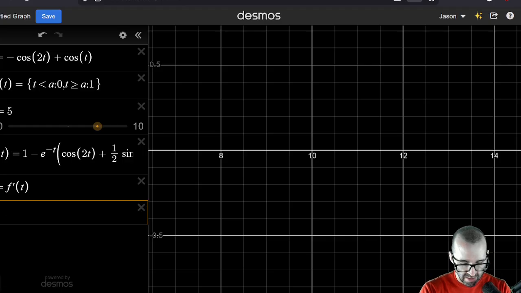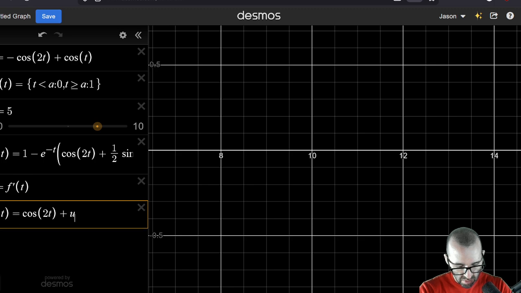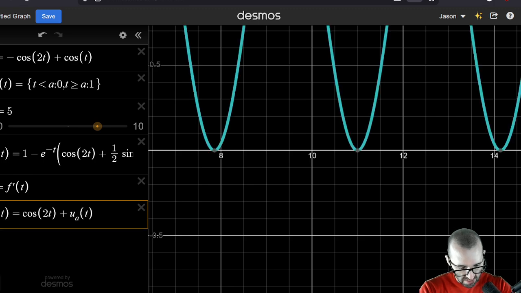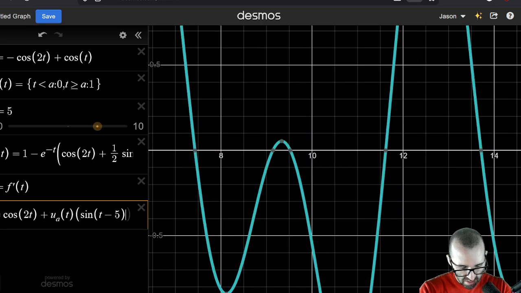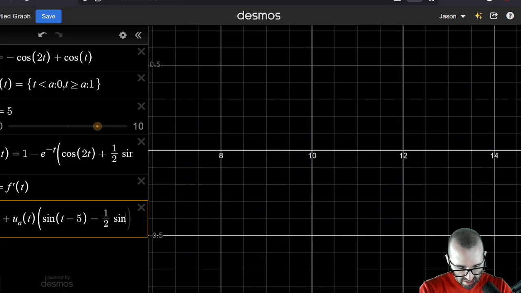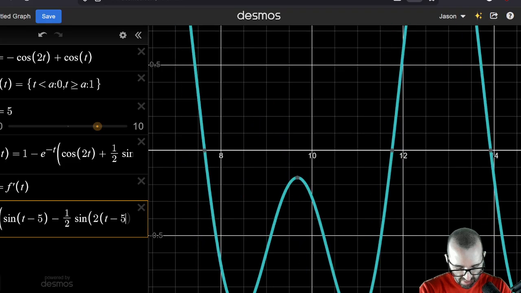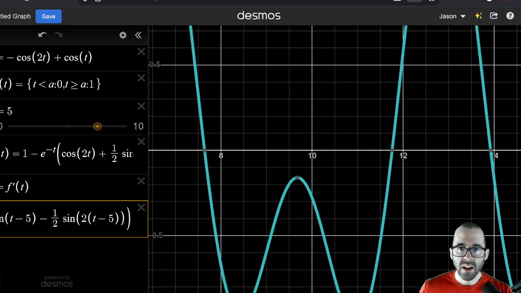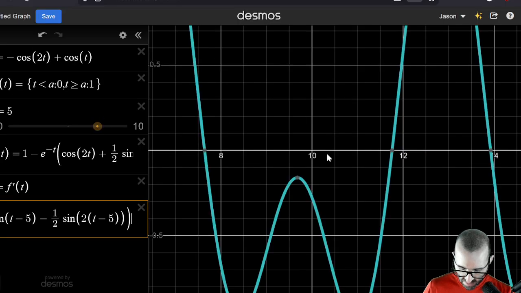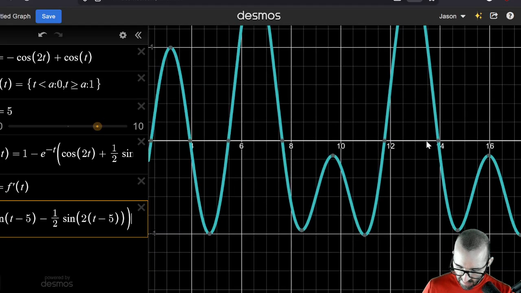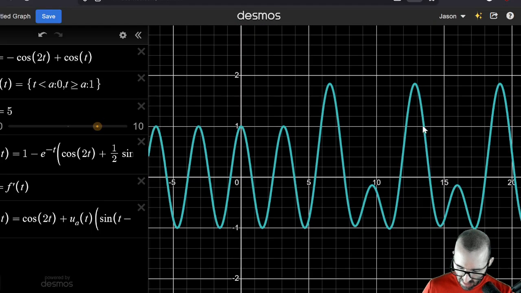Then what we're going to graph is our function, which is cosine of 2t plus u_a of t times sine of t minus 5 minus 1/2 sine of 2 times t minus 5. Let me just double check that I wrote it down right.